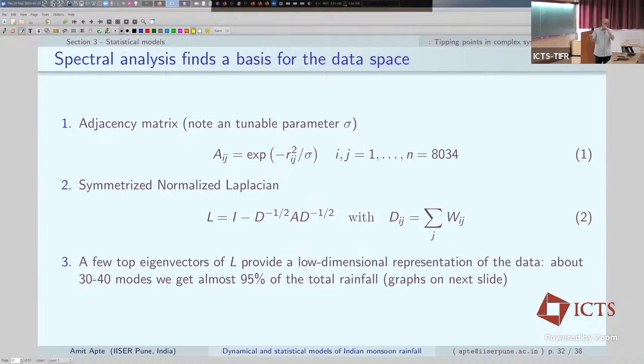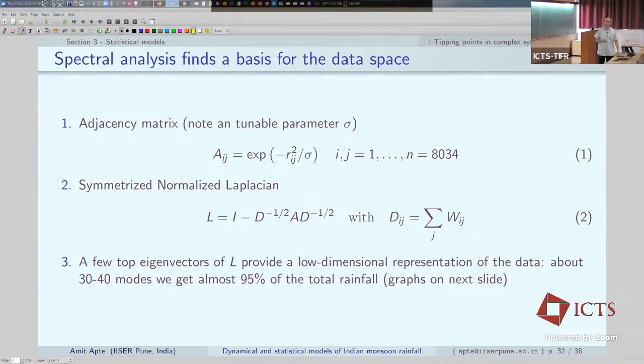Once we construct the adjacency matrix, the reasons for symmetrizing and normalizing are again because of the analytical properties of these graph Laplacians, which is quite nice, in particular, for spatial processes.